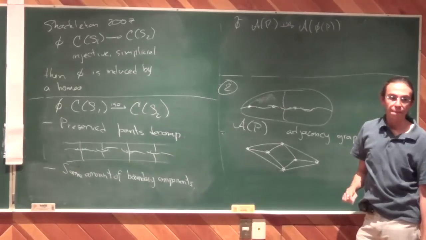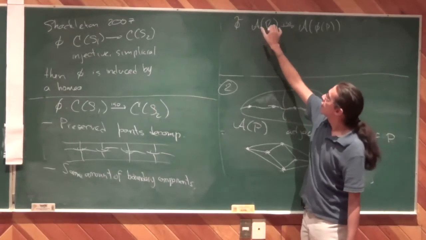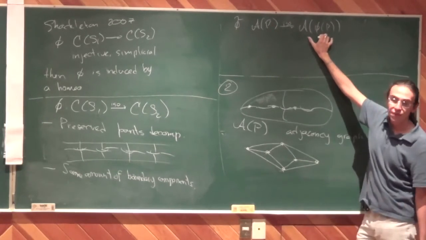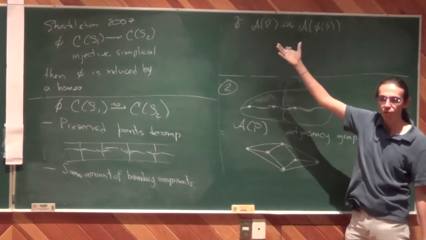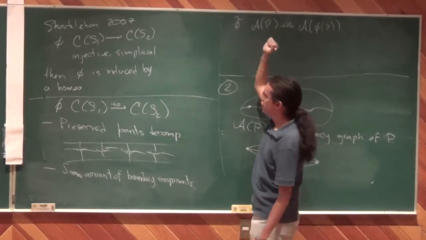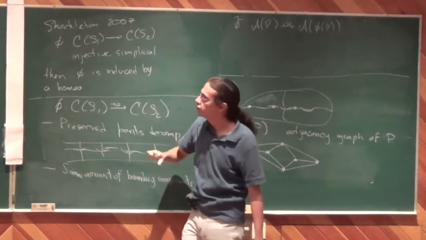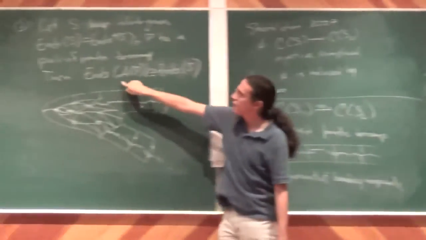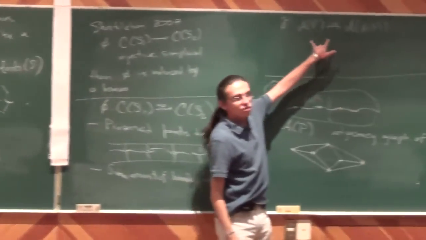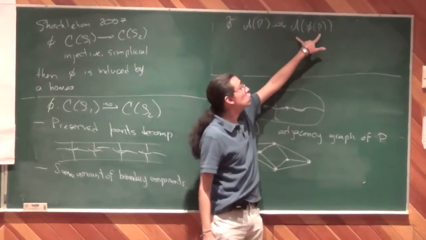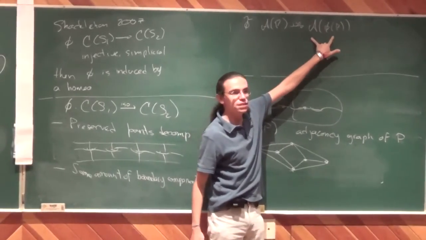Okay? So, since this is isomorphic to this, their end spaces must be the same. Well, must be homeomorphic. So, the end space of S1, due to this result, will be the same as the end space of its adjacency graph, which with this result will be homeomorphic to the end space of this one.